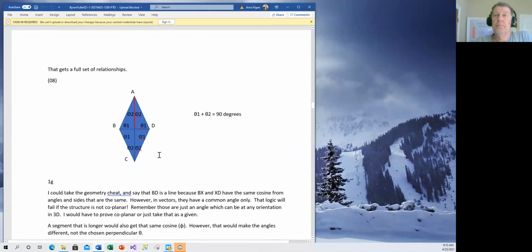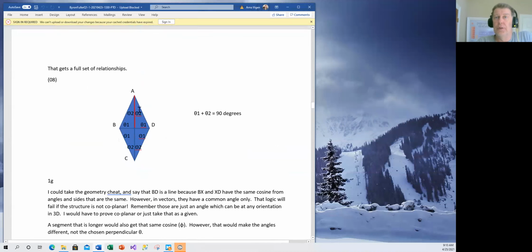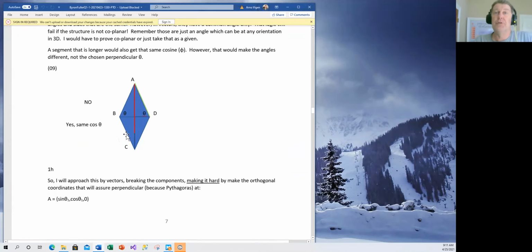Okay? So now you can build up and you get all these balancing of these thetas. Okay, those angles, and always the sum of them is 90 because 90 plus 90 equals 180, and that's the sum of a triangle. So as a result, you can get the same cosine, but if the length is different, it doesn't work.